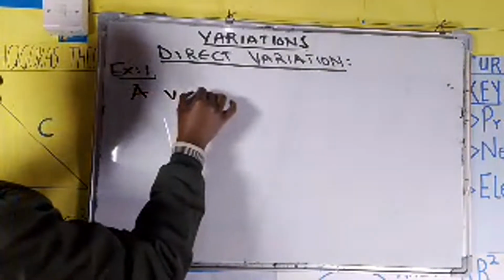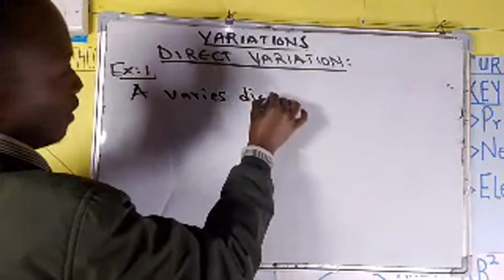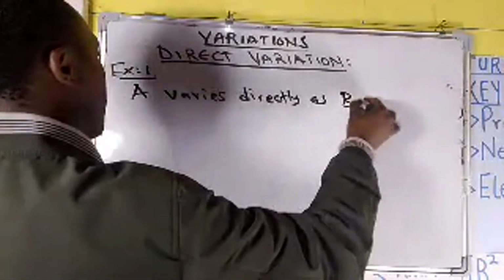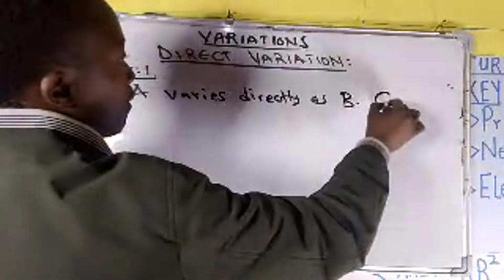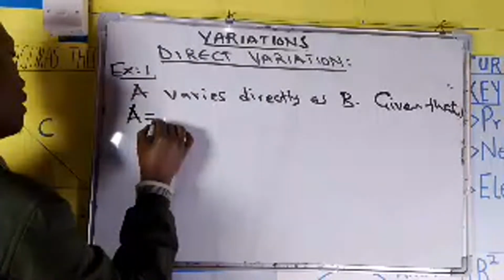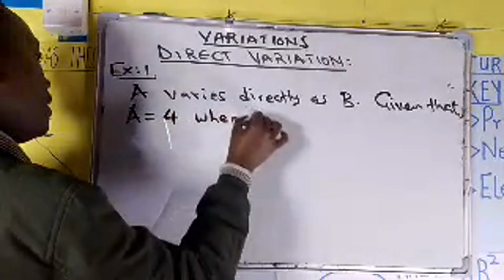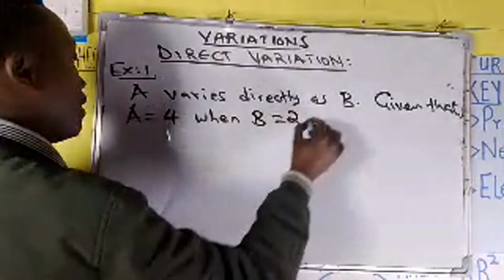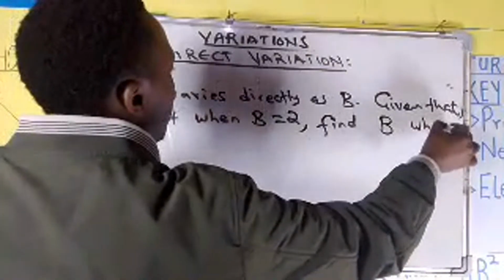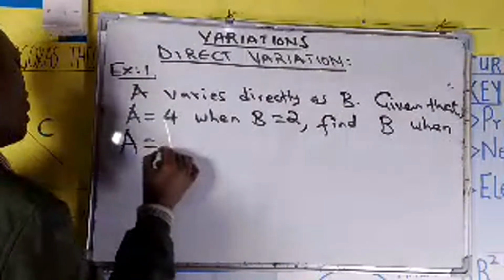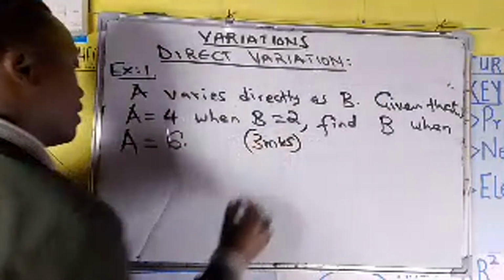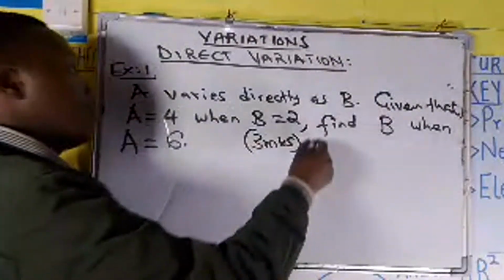A varies directly as B, given that A is 4 when B is 2, find B when A is 6. So I want us to respond to this question.